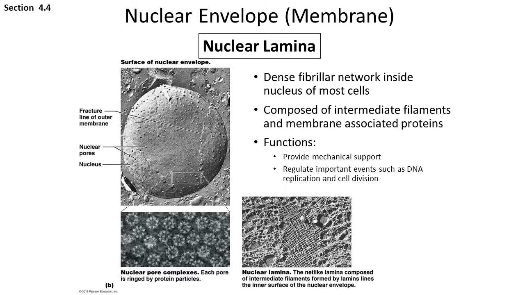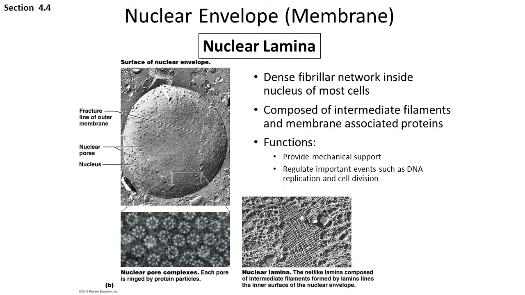The nuclear lamina, remember we talked in a previous slide about the inner layer of the nuclear envelope having DNA attachment sites. Within that region of the DNA attachment sites, there is this nuclear lamina, which is this dense fibrillar network inside the nucleus of most cells.